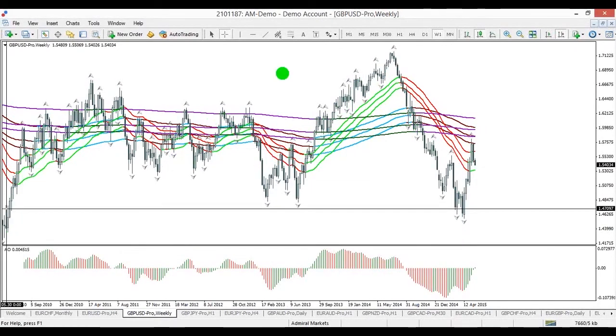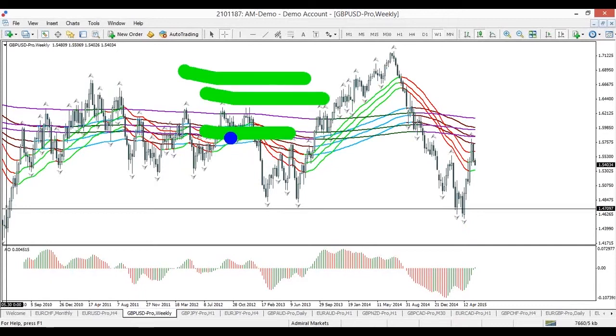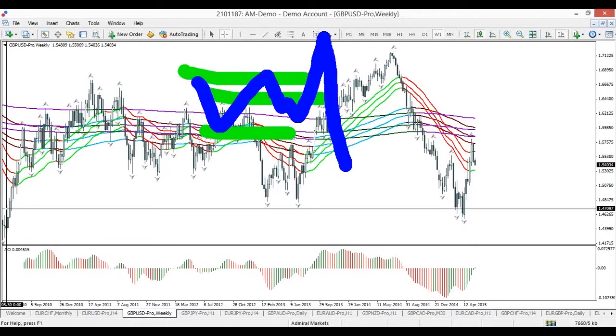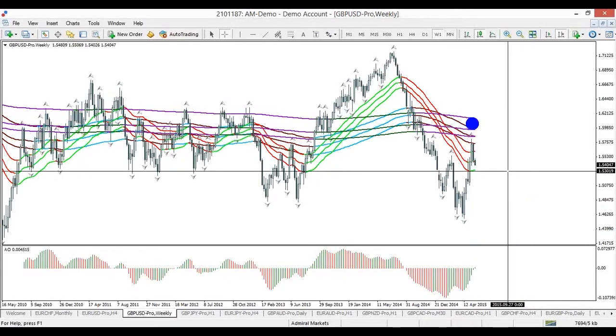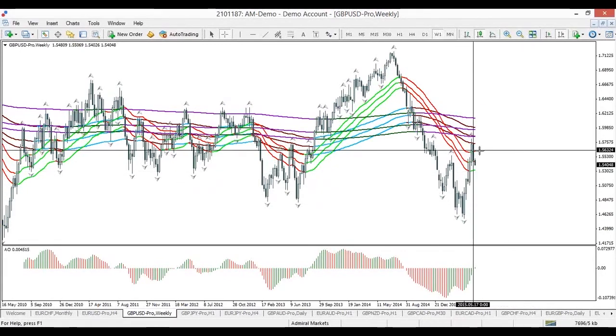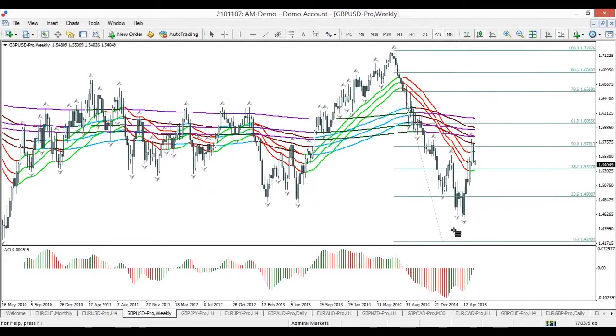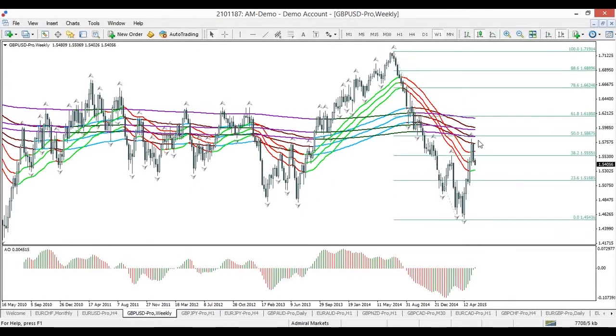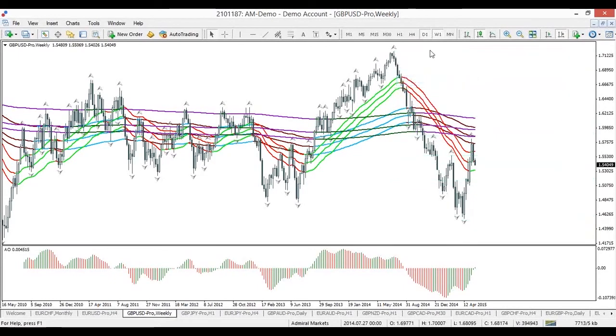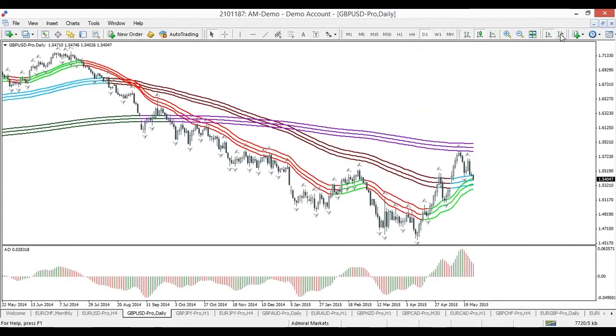When price has flat moving averages like this, and price stays around it, and when it does break away from it, it goes back to it. There's not much of a trend. So with the pound dollar max, we can say that price hit the 50 fib perhaps, and it could be a resistance spot for downside.